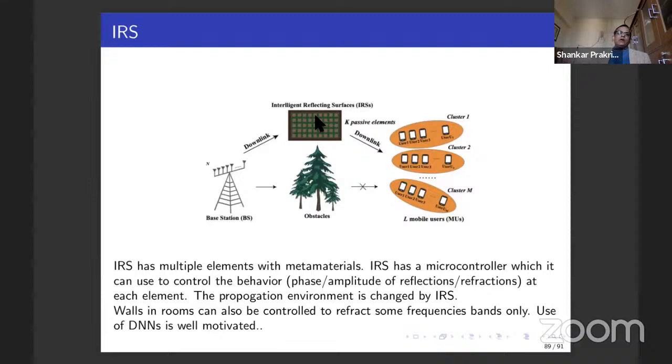That way you can have Wi-Fi, let us say, in each of the rooms, and still they will not interfere with each other, right? But if one of the other users requires this Wi-Fi, then he will be able to access it. It can be made transparent to that particular band. So as you can see, this requires a huge amount of control, and that is only possible if DNNs are going to be used. But this is going to be the way 6G will be, because each wall, each building, you control the propagation environment in such a way as to enhance communication.